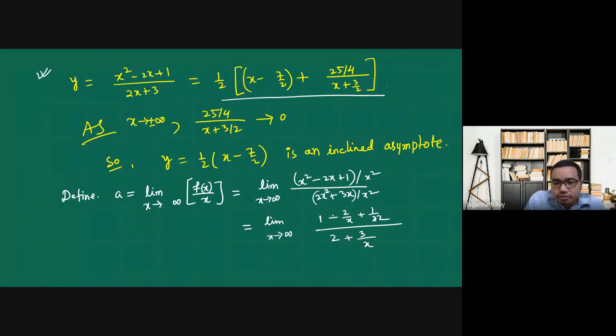As x tends to infinity, these terms go to 0, and the only remaining thing is 1 by 2. So A is half.